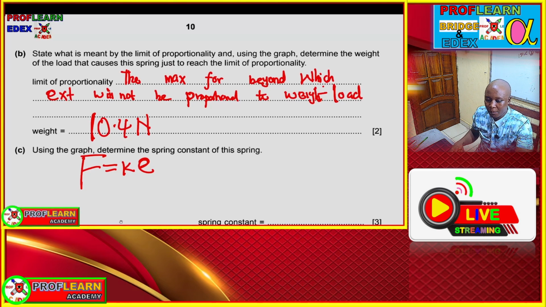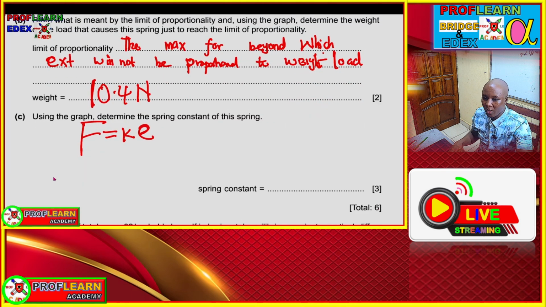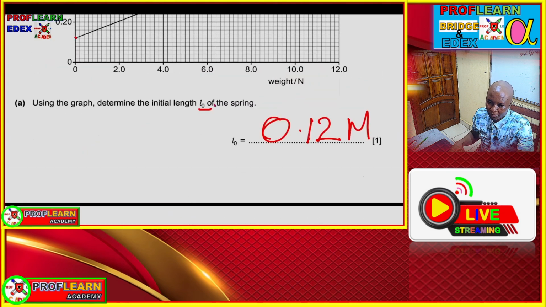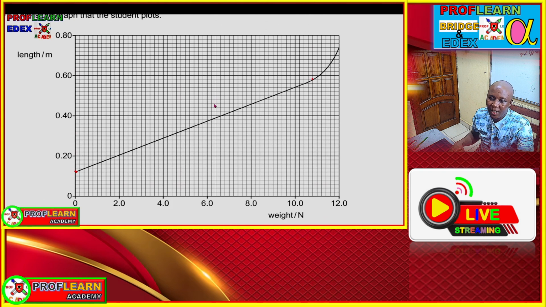So the next part that we're going to look at now is how to determine the spring constant from a graph, extension and load graphs, extension and force graphs. In this case, we want to find the spring constant, but from the graph we have the length against the weights that were added in that particular spring for it to stretch.